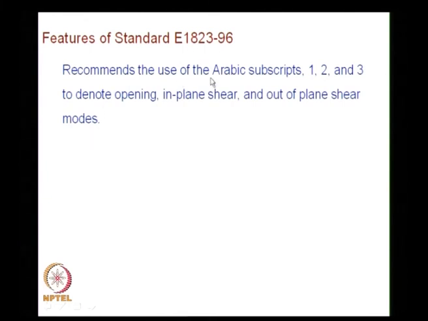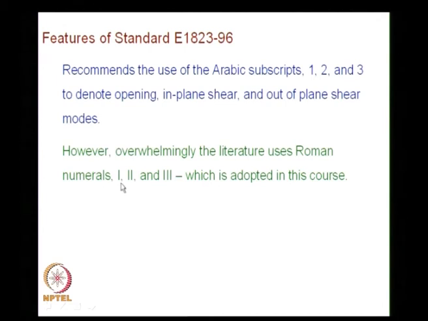It recommends the use of Arabic subscripts 1, 2 and 3 to denote opening, in plane shear and out of plane shear modes, but most books follow Roman numerals I, II and III, and which is what is adopted in this course as well.